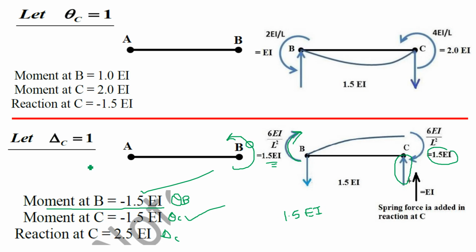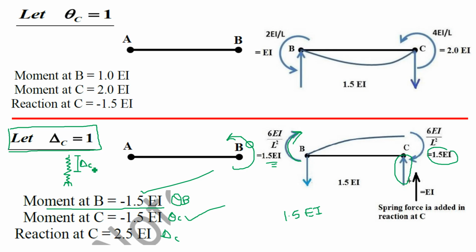Now remember that at point C, a spring support is provided. When a spring support is provided, the stiffness of the spring is taken into account in the figure delta C equal to 1. Because when you provide the spring support at any point, an additional kinematic unknown is added at that point, and that is the deformation or displacement of the spring.